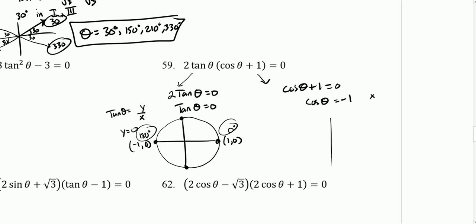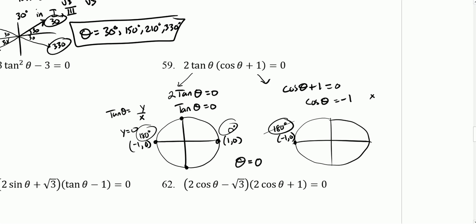And so again, on the unit circle, where's x equal to negative 1? Right here. Remember, this is negative 1, 0. And so that's at 180 degrees. So 180 is repeated twice, so we only have to use it once. So theta is 0 and 180 degrees.